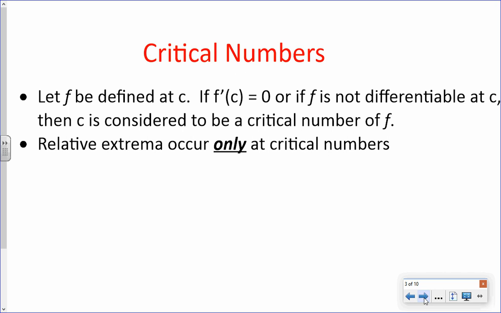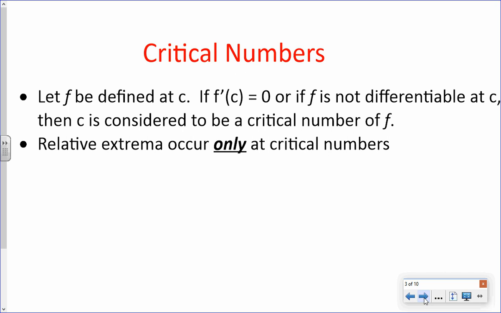Now, just because it's a critical number doesn't mean you're going to have relative extrema, and we'll talk more about that on Wednesday. But we have the possibility for them, so we have to consider those places. For sure, if it's a relative extrema, the derivative is zero or undefined, but just because it's a critical number doesn't always mean that.